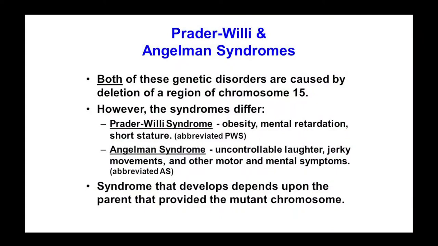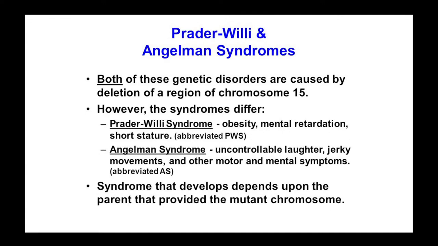Both of these disorders are caused by deletion of a region of chromosome 15, but Prader-Willi syndrome is caused by deletion in the paternal chromosome, and Angelman syndrome is caused by deletion in the maternal chromosome. These syndromes have different features, different symptoms, and different affected organs.